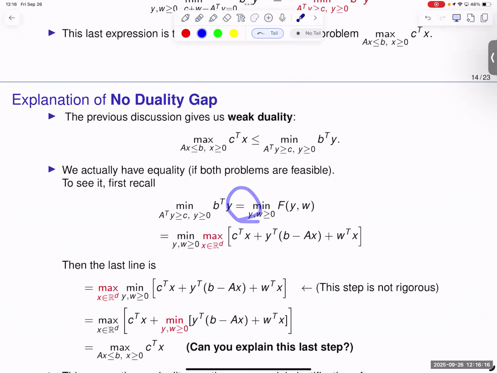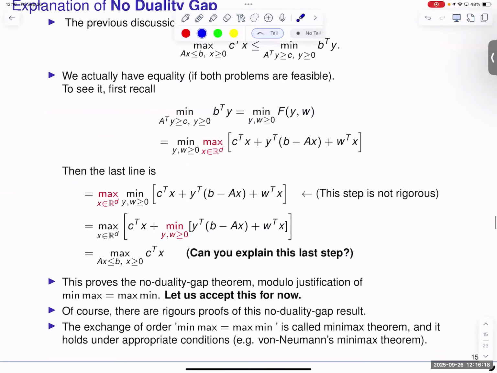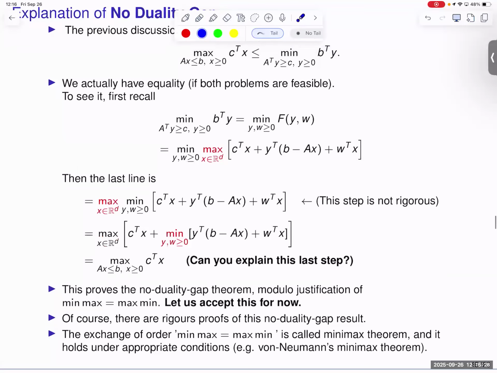Why do you have such a relation? Let me explain this shortly. Remember, this problem is the same as this. I just expressed this in full.